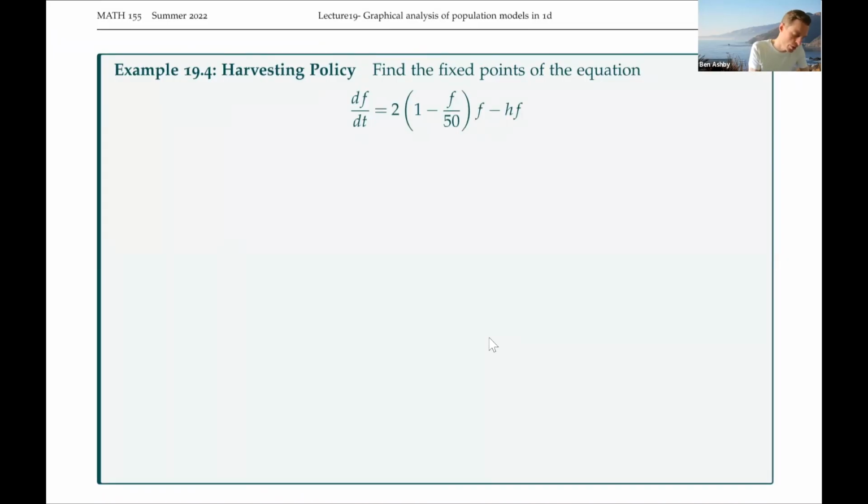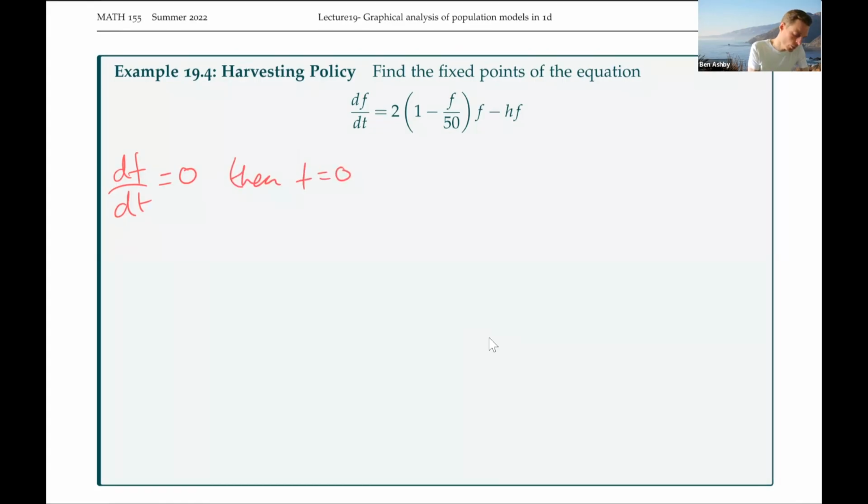So what we can do is we can look at df/dt is equal to 0 and work out where our fixed points are. Well, that requires that either f is equal to 0, or for this particular model, 2 times by 1 minus f over 50 minus h is going to equal 0. In other words, if f is non-zero, then we can divide through by f. So this is different from the model that we had above, and here h is variable.